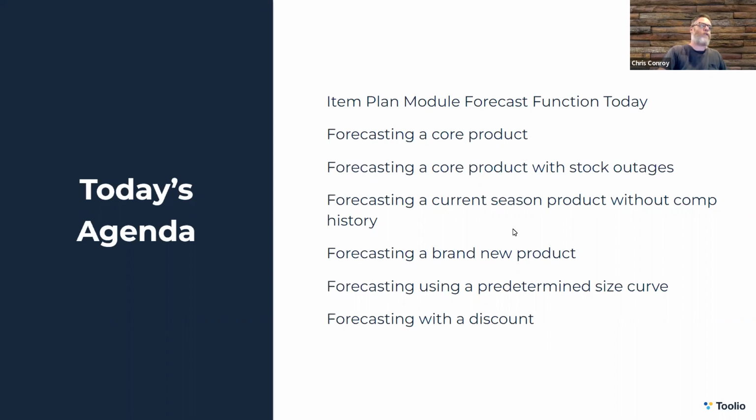Then current season products that maybe don't have any history, just started selling in the last quarter. A brand new product coming from your assortment plan, and then some of the other functions that we do for predetermined size curves and forecasting with the discount, which is really a great way to increase your turns. So we'll go through all of these metrics.